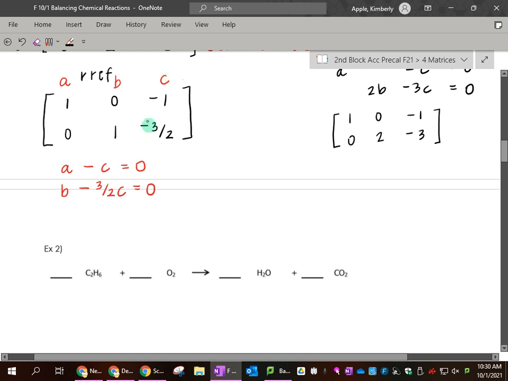Okay, where did it fall apart? Right here? This column is for A. So this is 1A plus 0B minus 1C. And this is 0A plus 1B minus 3 over 2 C. Is that better?